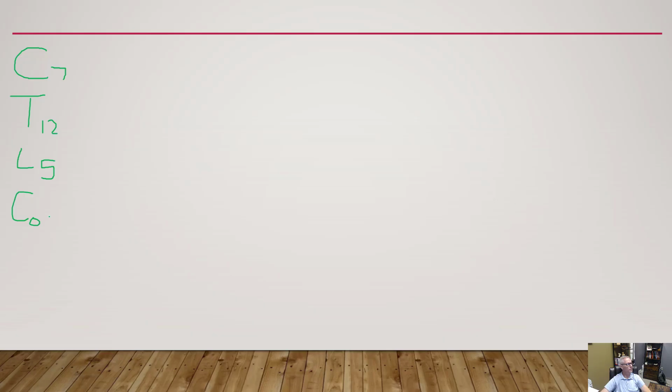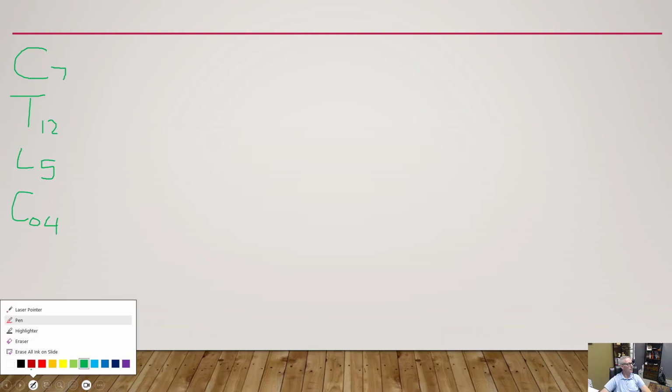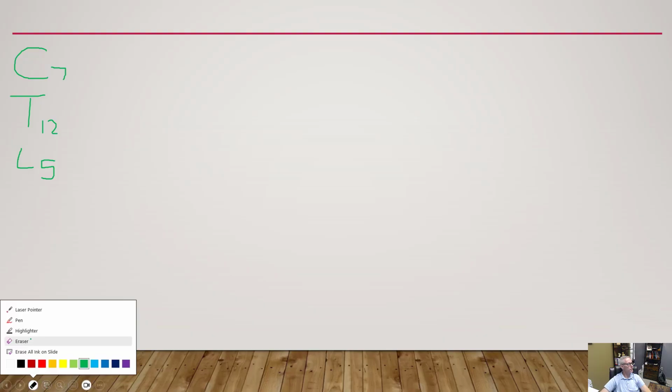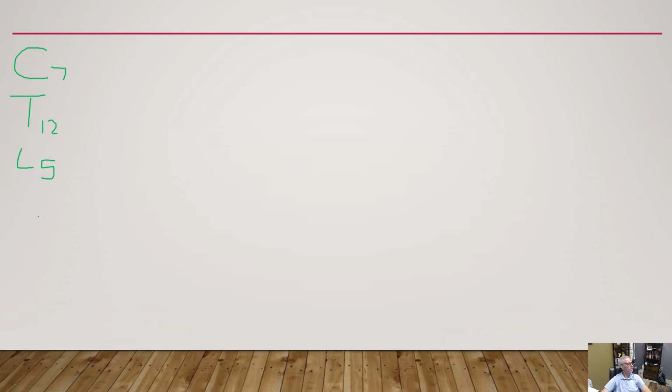Anyone remember? We have 4 coccygeals, but they're all fused. Oh, I lied. Let me erase. First we have the sacrum. We have 5 sacral vertebrae. Then we have 4 coccygeal vertebrae. Now remember, the sacral and coccygeal vertebrae are all fused into one.